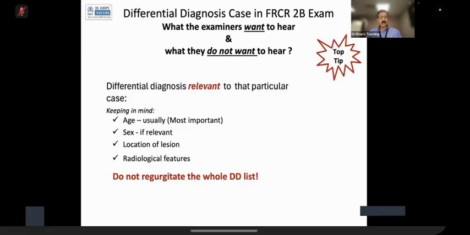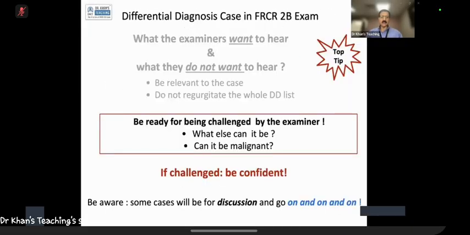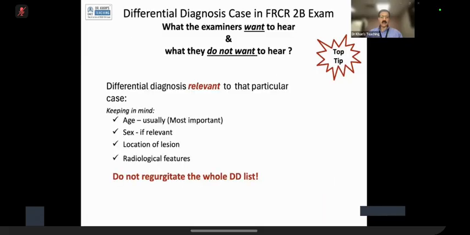I like that, because of this, it is unlikely to be scurvy. So you have to really train your mind on this. The differential diagnosis list should be in your mind, but tell the examiner what is relevant in that particular case, according to age, sex when relevant, location of the lesion, and the radiological features. If you regurgitate the whole list, you will be penalized.